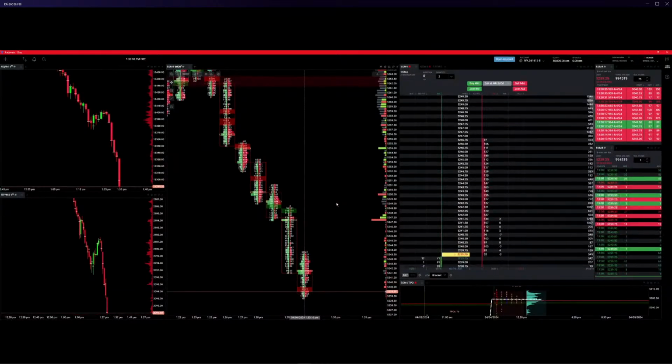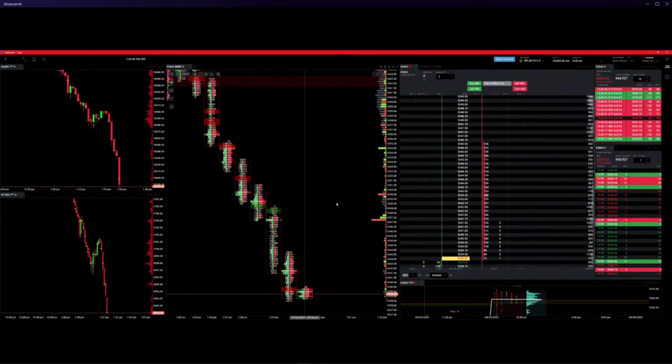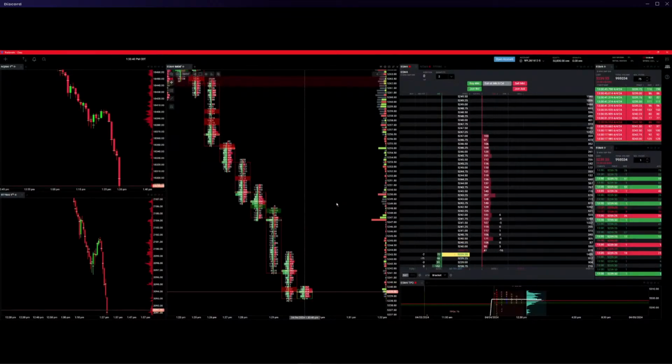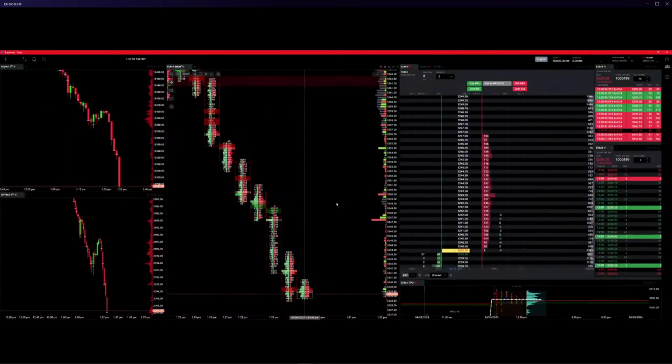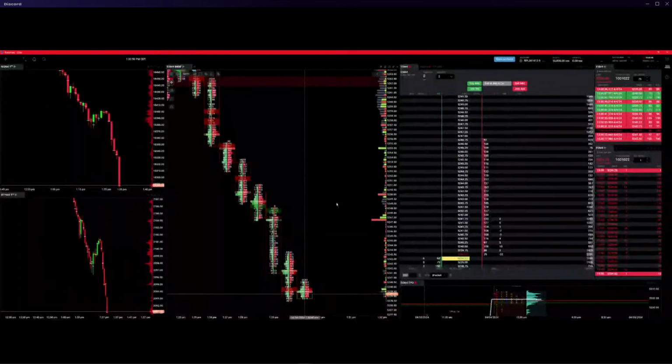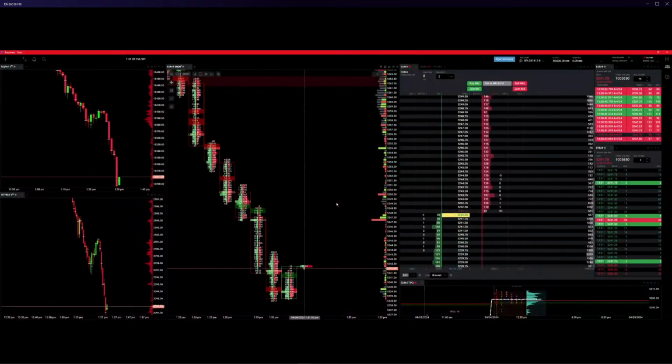Where are buyers failing? Are we just shifting value down? Right? If yes, we can't look for longs. You cannot look for a long until a strong higher high with a higher low off a previous pivot. It just is what it is, and accepting that is huge.